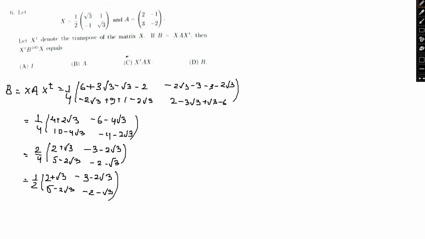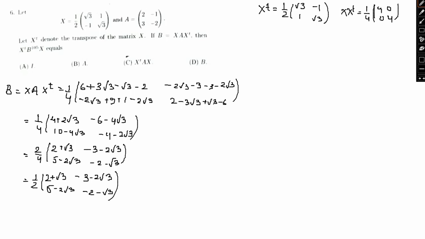Now if we continue with the same, X^T X can be written as 1 by 2, 3 minus 1, 3. So therefore again X^T X can be written as 1 by 4, 4, 0, 0, 4.